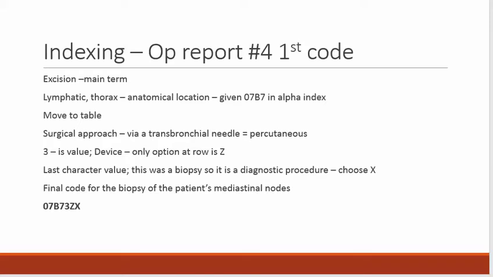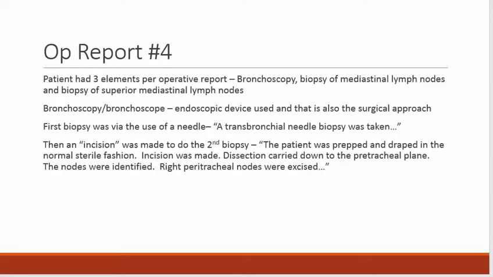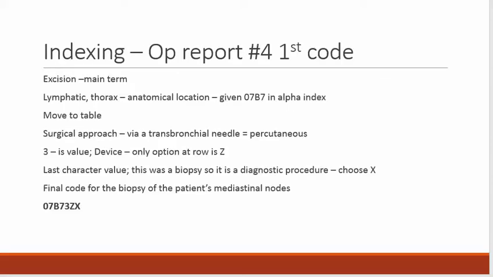So again, when we move to coding this, we're thinking about order of codes. You definitely can code it in various ways. You can code the bronchoscopy first, but if we code the biopsy first, so we code the first biopsy, which was the one that was via the transbronchial needle.